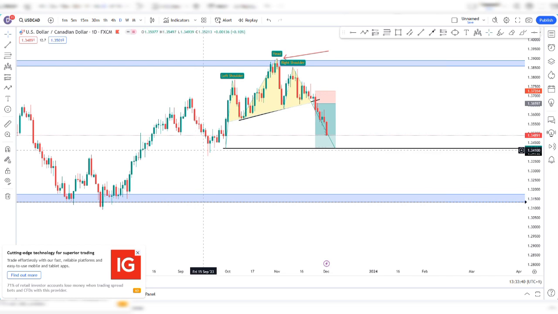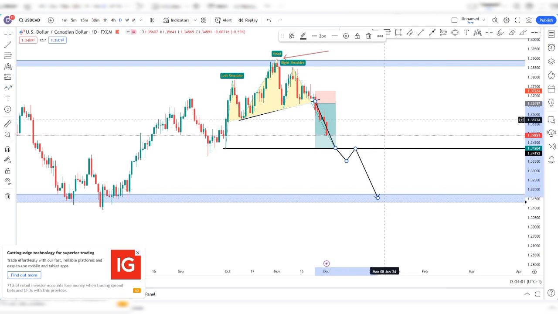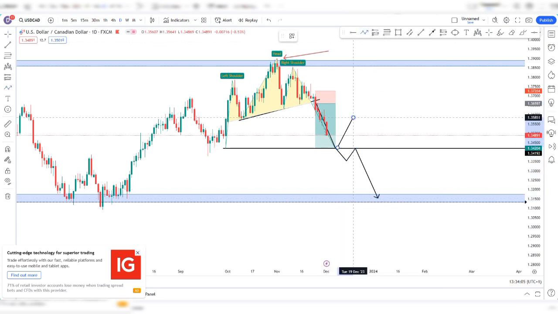And then this area here I've marked as my take profit, because you can see the wick in this area. There is support level there, and it is possible that if price gets down to this point here, we see a price reaction to push price back up, or price could break it and then continue further into this zone, or price could react, bounce up here initially, then break to the downside.